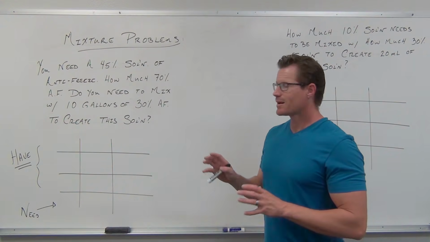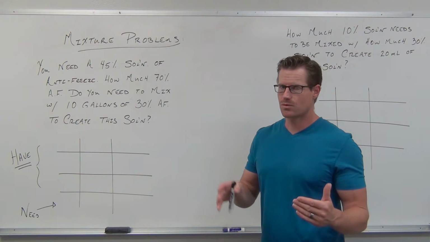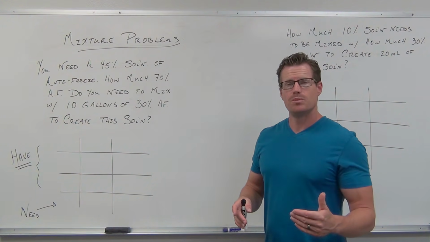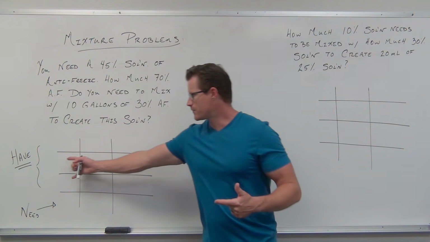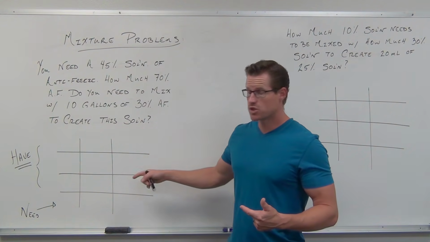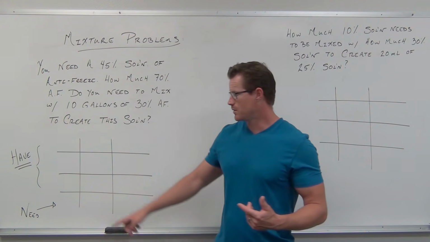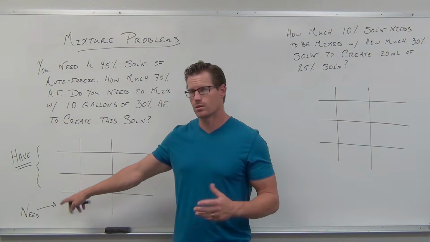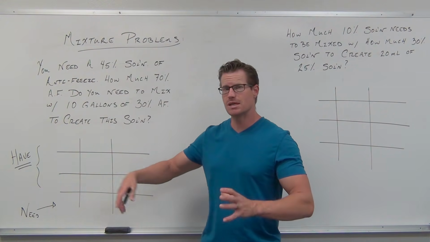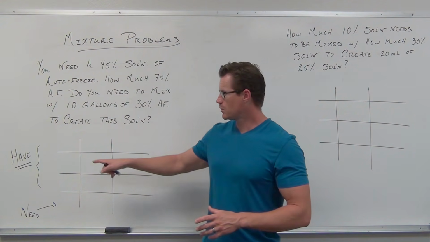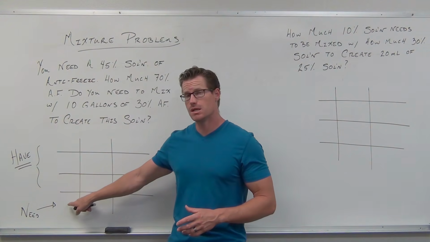So here's how to set up a mixture problem and get it right every time. Put what you have in the first two rows. Put what you need in the bottom row. In distance equals rate times time, it was what you did and total. Kind of a similar idea here. We're going to be using that totaling idea. Put what you have here and what you need here.